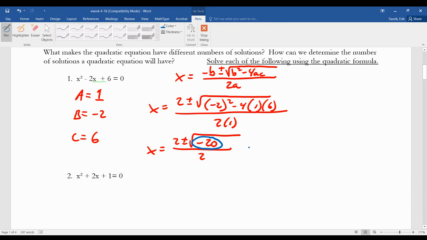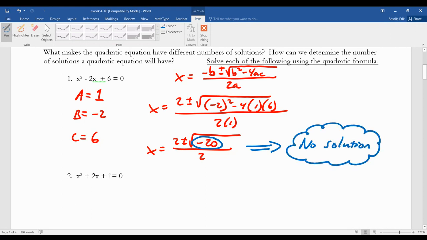So this problem ends up being no solution. Okay? And that's because what was inside of the square root ended up being negative. That gives us no solution. So that's when you have 0 solutions.